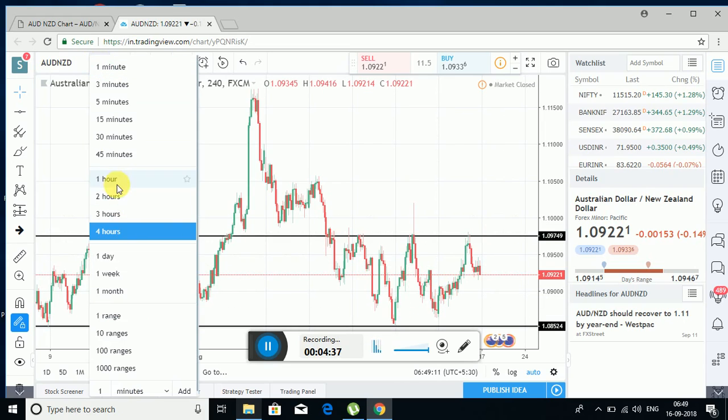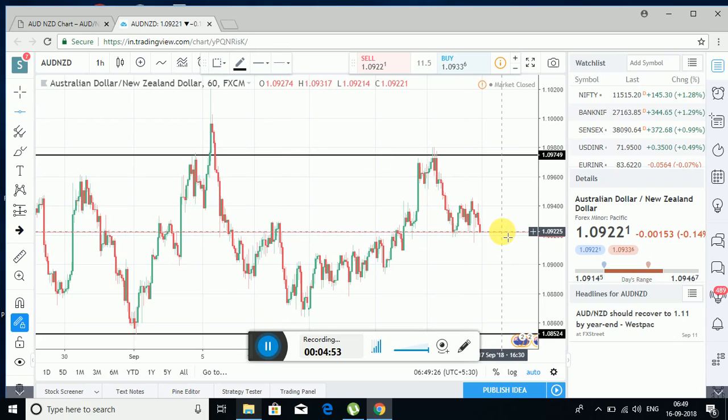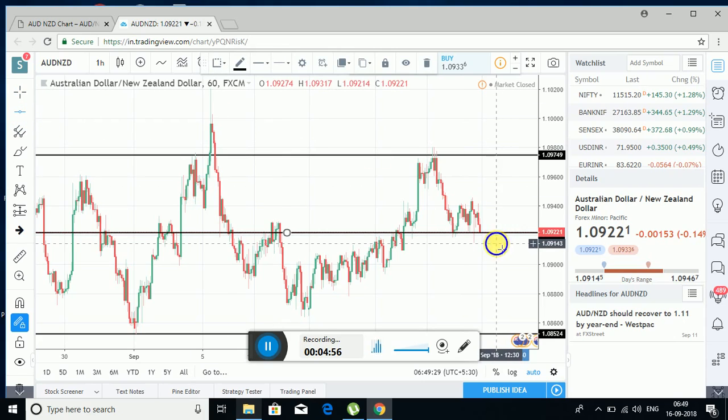And if I go down to a 1-hour chart, I can see that the market has come down, and right now we are at this level of support. This is my support in the 1-hour chart. But the problem with trading in this kind of a market is, though I see that there was a very good buying momentum from this support right over here, this time when the market came down, the buyers are not able to move the market further.